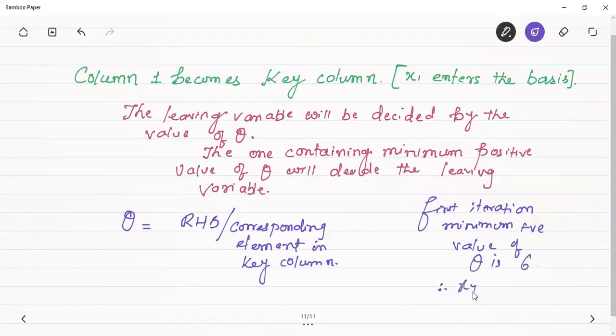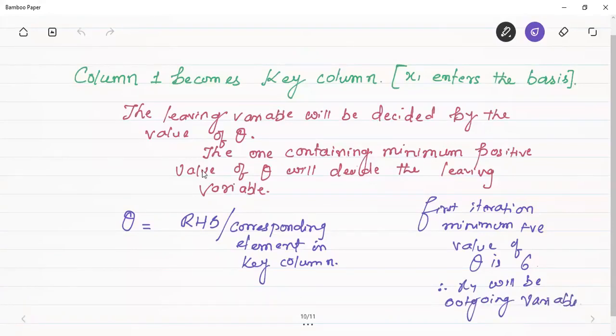Therefore x4 will be the outgoing variable, or we can say that x4 leaves the basis and x1 will enter the basis.